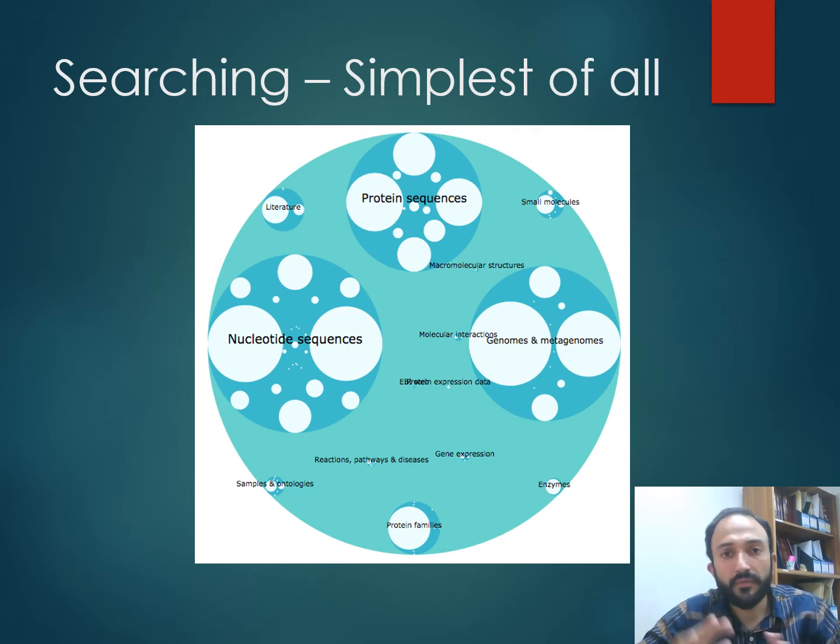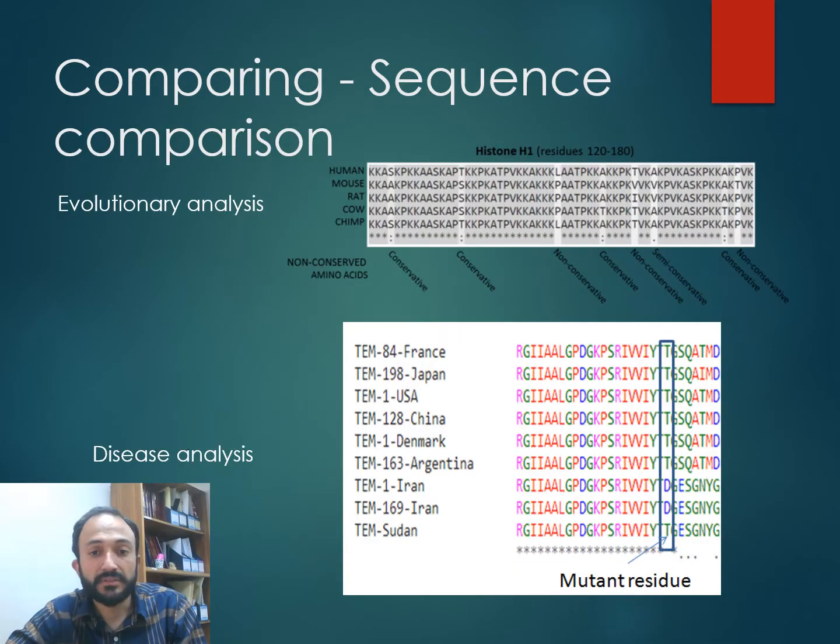So for that you have to go to the database and perform the whole process, and that can be called an in silico experiment. Similarly, if you want to look for any protein sequence or any other information, you need to do the searching, and that searching is also a type of experiment. So that's why it's the simplest of all.